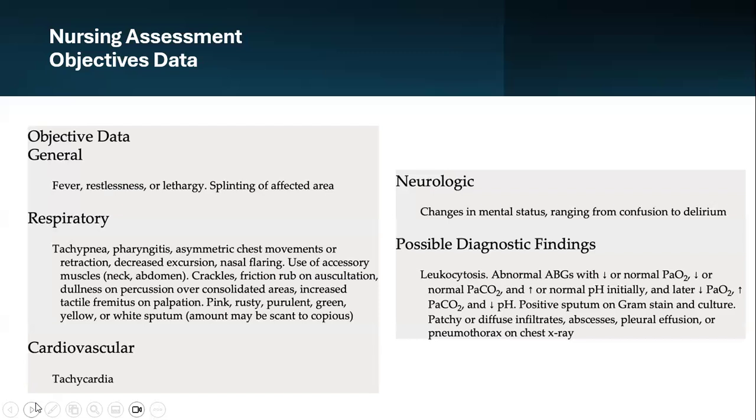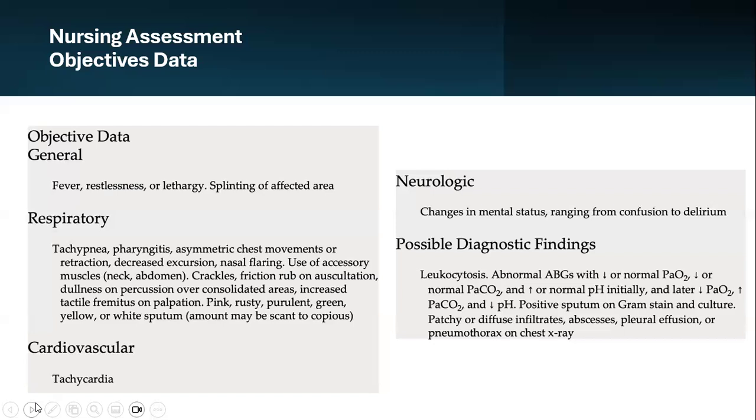And it is really important to check the diagnostic findings that the doctors may have ordered before. Most commonly, you will find leukocytosis in the blood result, maybe with abnormal ABGs, with low PO2, and so on.